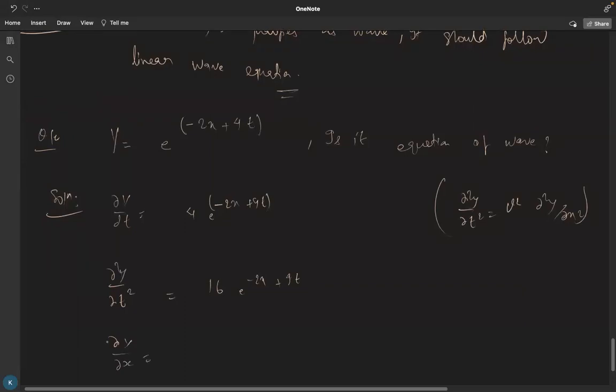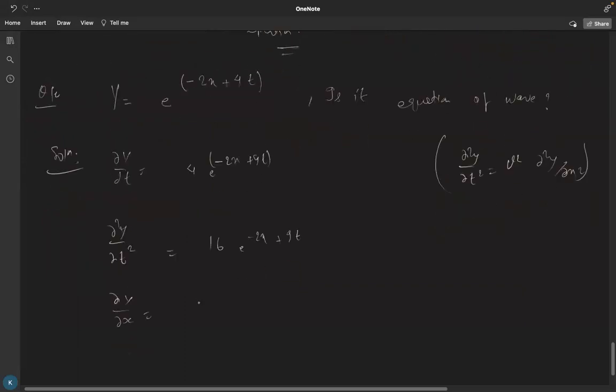When I do ∂²y/∂x², it equals 4e^(-2x+4t). So I'm just doing the double differentiation.